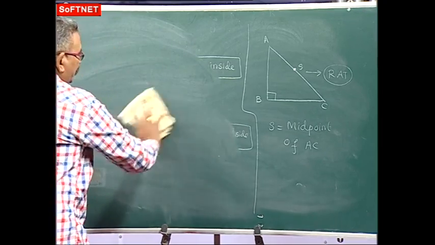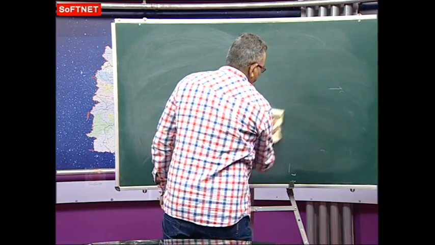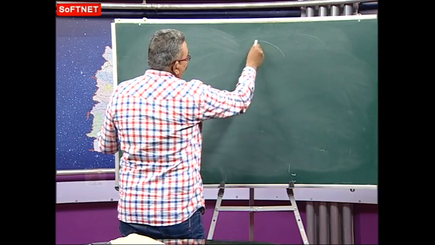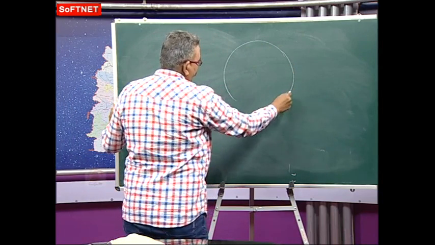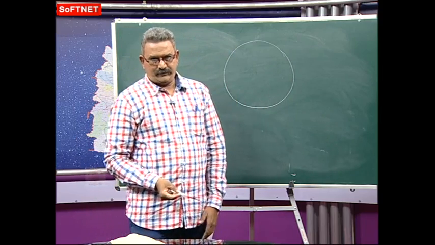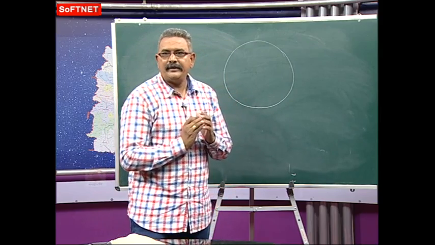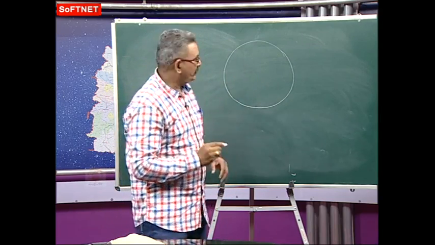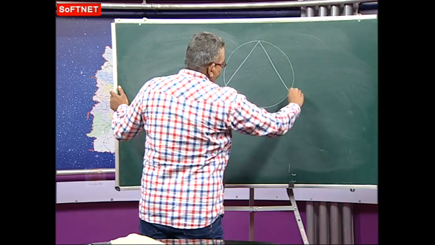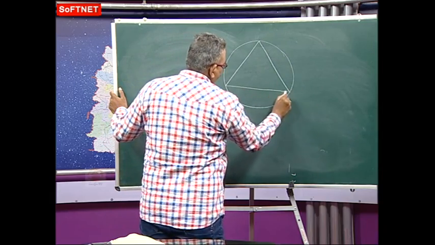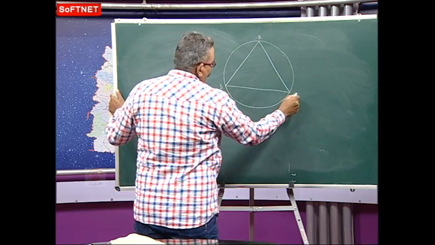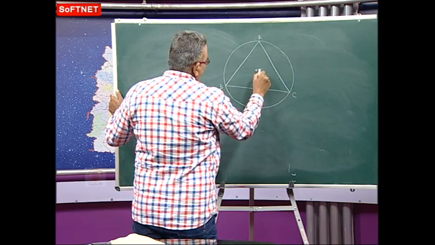Let us go to another concept. Let us draw a circle and inscribe a triangle in it. Let the triangle ABC be inscribed in the circle. We know this is the circumcenter.